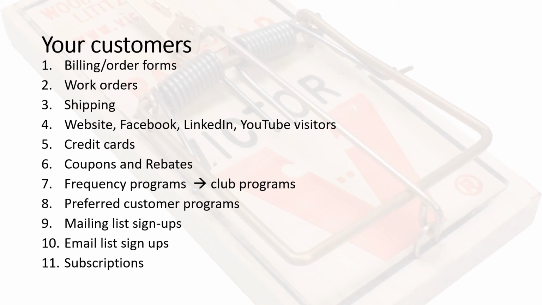It could be from a loyalty, frequency, or rewards programs, or club programs. It could be some sort of preferred customer programs. It could be mailing list sign-ups, or it could be an email list sign-up, or it could be something of ours that you have subscribed to. So these are all ways that I might try to trap information on my current customers when I don't ordinarily have the ability to do so.